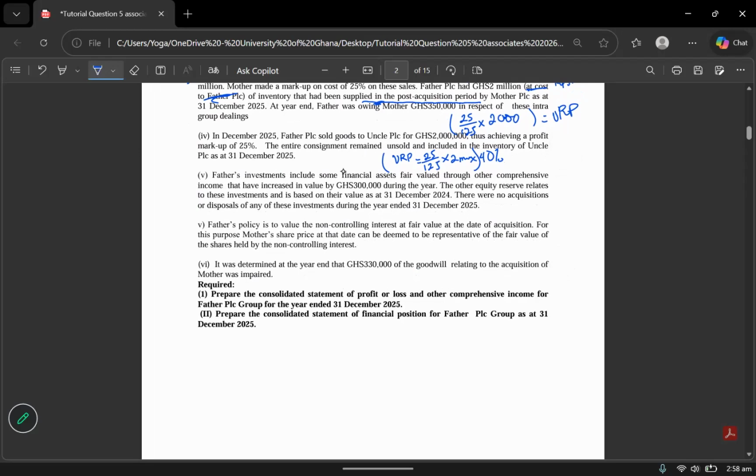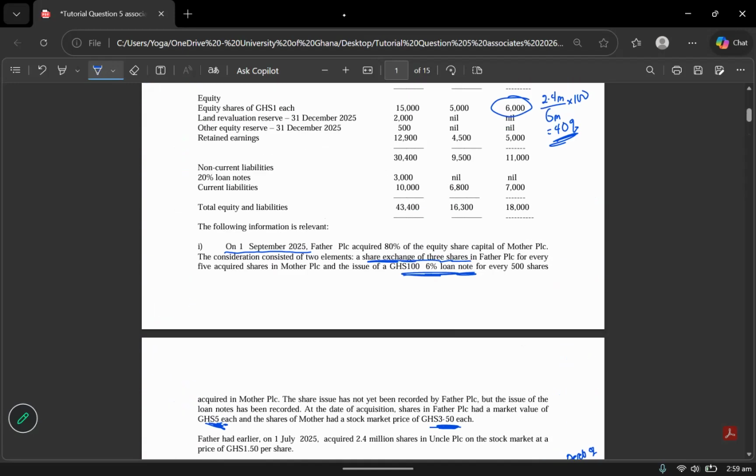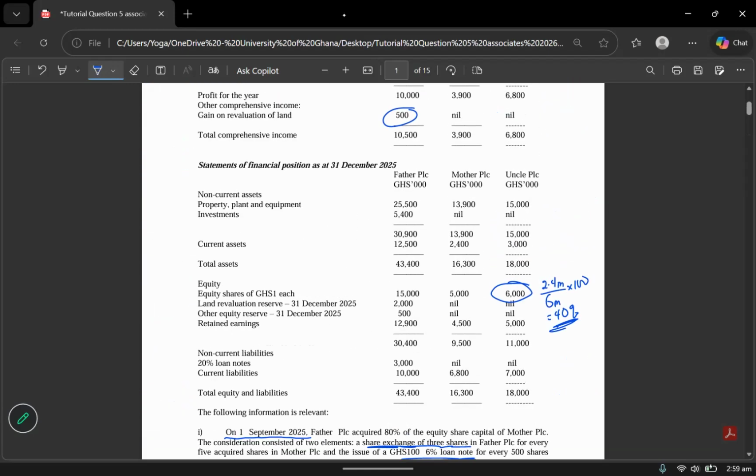Now, Father's investments include some financial assets, fair value through other comprehensive income, that have increased in value by 300,000 during the year. Now, they are talking about this investment. Father has an investment in here.